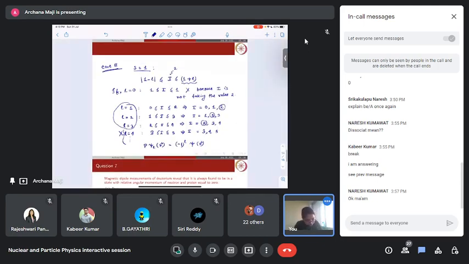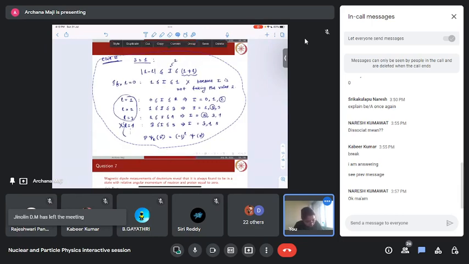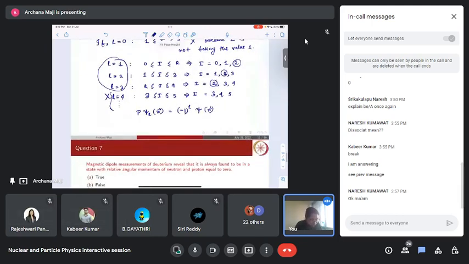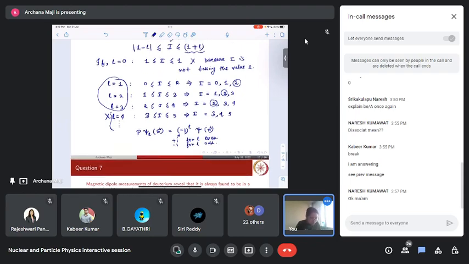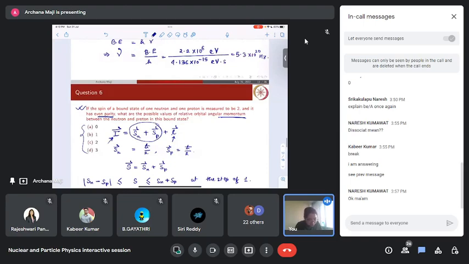So this quantity is plus 1 for L even, and minus 1 for L odd, and here we are given even parity.